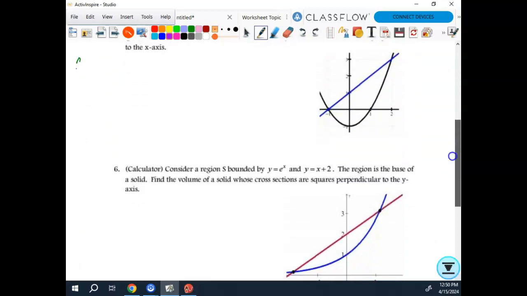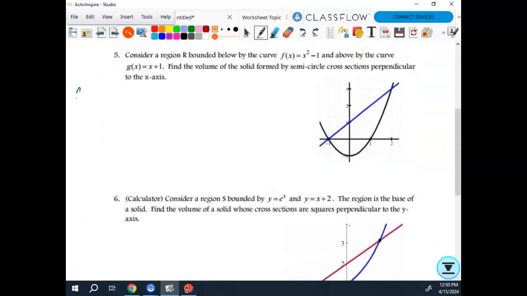All right, semicircle cross sections. We have time. Semicircle cross sections. How do you find the area of a semicircle? 1/2 pi r squared, right?